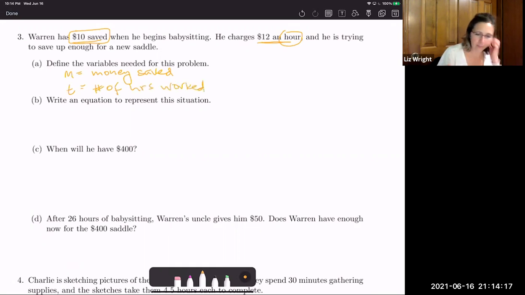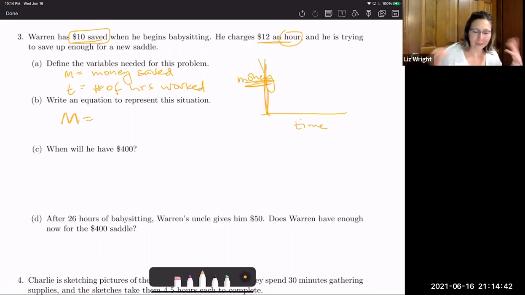Okay. And he's trying to save up enough money for the saddle. So M is our total money. So thinking about time, and here's our money. That's why over here, M is going to be for our money, for where our Y is. This is our Y axis.